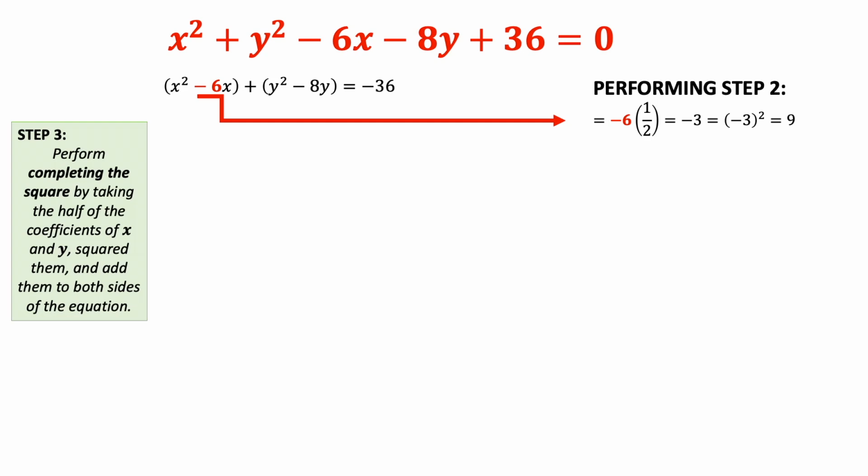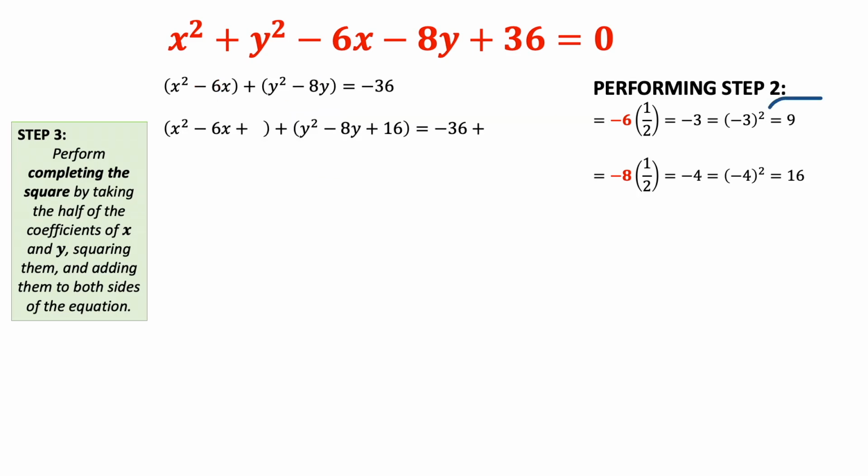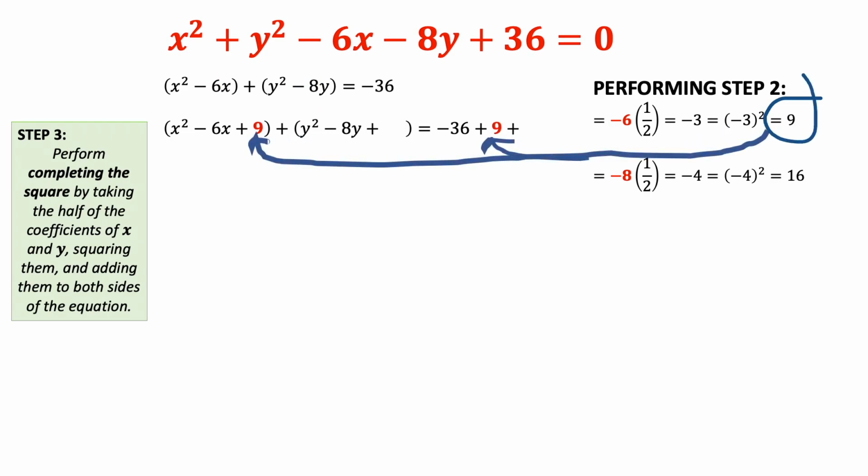Now, taking the half of the coefficient of y, which is -8, will give us -4. Then, squaring -4 will give us 16. I will now add 9 to both sides of the equation. Also, 16 to both sides too.